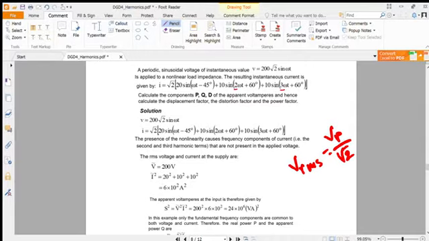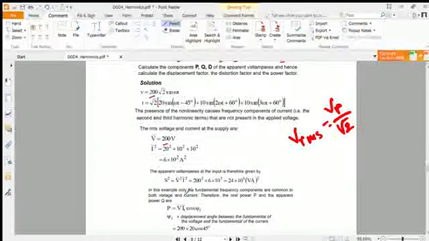So 200 root 2 is the peak voltage, and this is the RMS voltage here, and this is the current squared. You see the amplitude here: this is the RMS current for the fundamental component. For the second harmonic, the RMS current is 10, and 10 for the third component. If we square, we get this, and the apparent volt-ampere is S equal to VI.